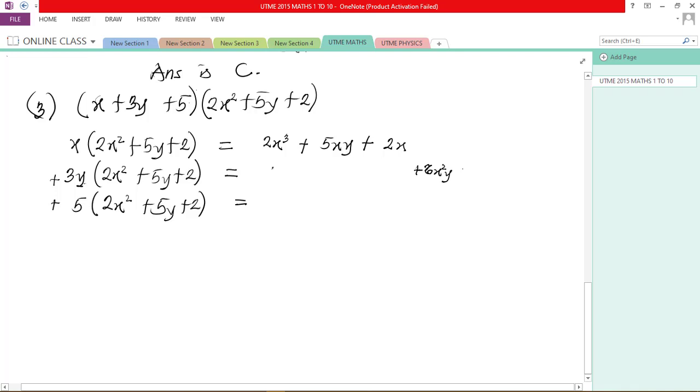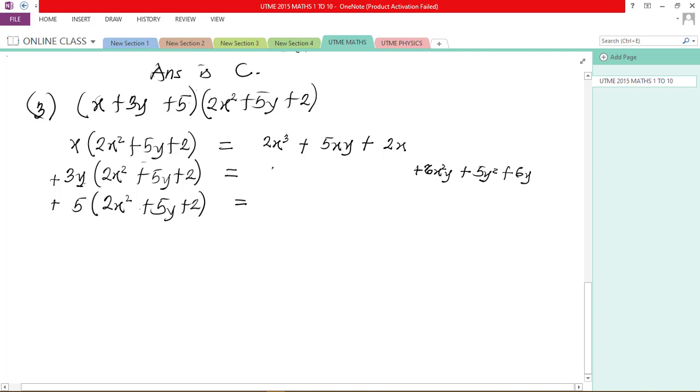Then we have 3y times 5y will give you 5y squared, plus multiply again here. What do you have? You have 3y times 2, that will give you 6y.